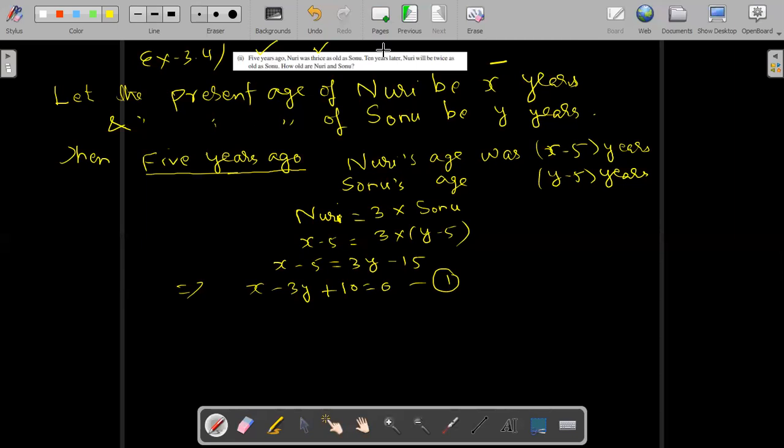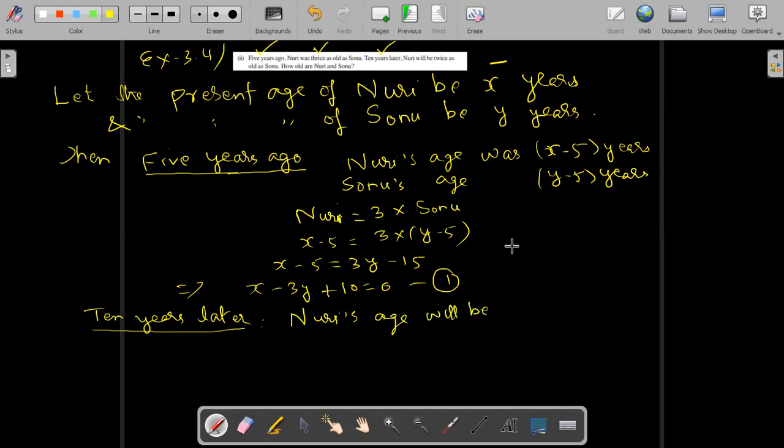And now the relation between the ages is 10 years later. After 10 years, what will be Nuri's age?